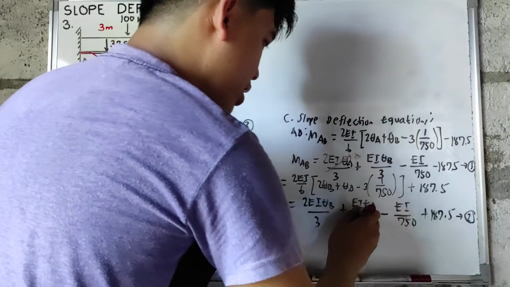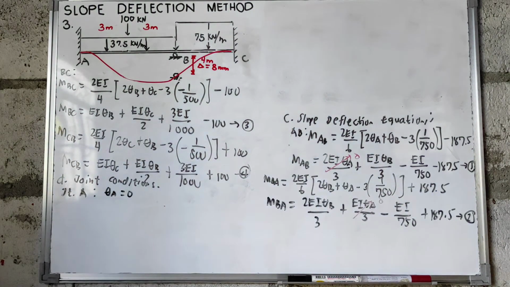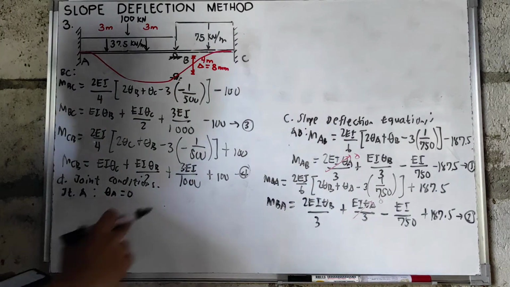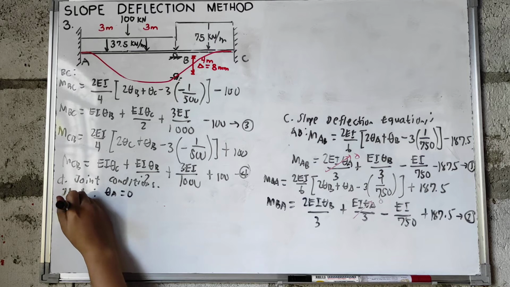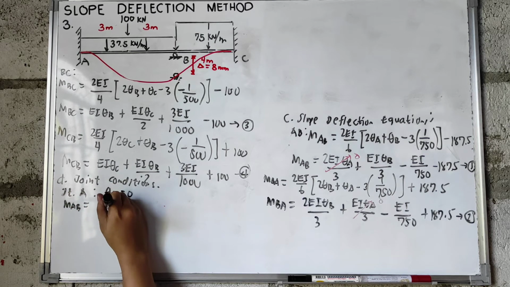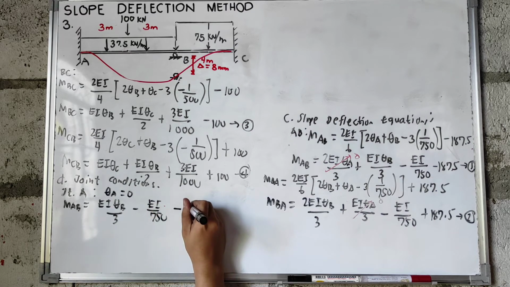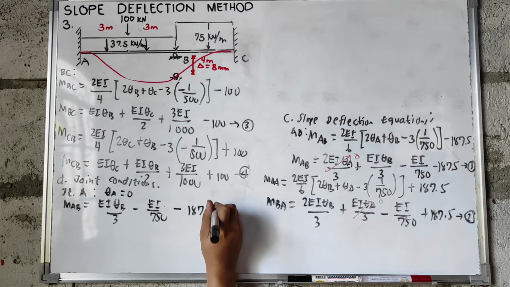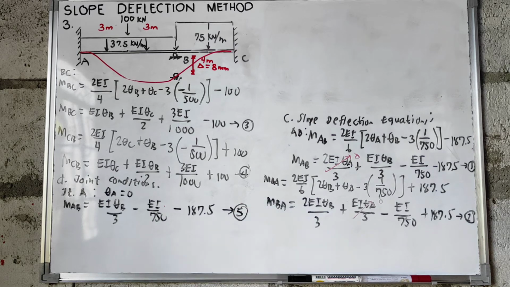So, mangyayari niyan is liliit yung equation natin sa 1. So, the value of your MAB is equal to EI theta B all over 3 minus EI over 750 minus 187.5. So that will become your equation number 5.